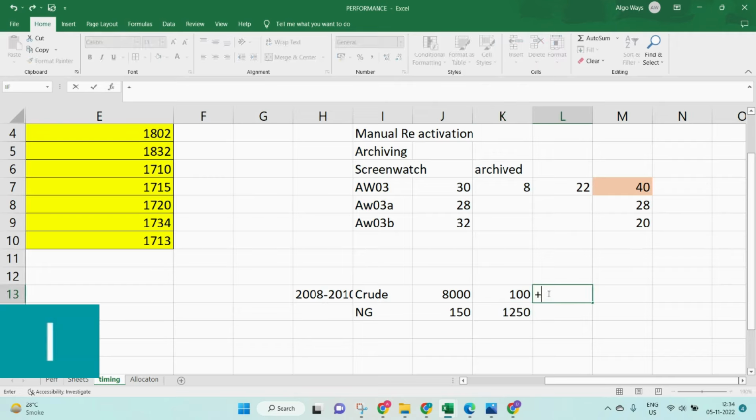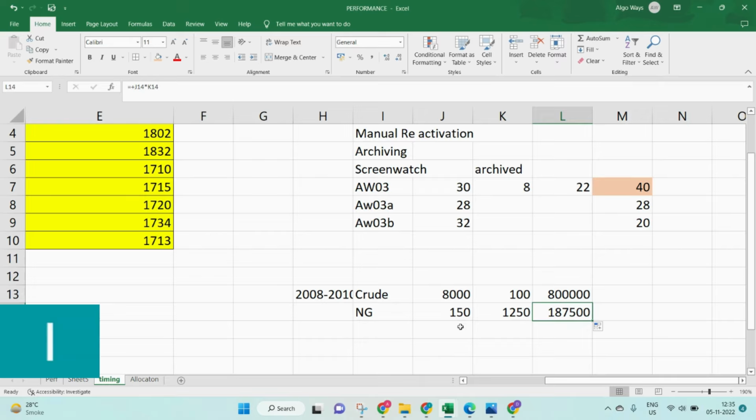So this contract used to be 8 lakhs in value, and this used to be 1.87 lakhs, which is very imbalanced. So pair trading between these two was not possible at that point of time, because the movement of NG was not there at all. It used to move hardly 1 or 2 points during the entire day, and the value of the NG contract was very low compared to the crude contract.